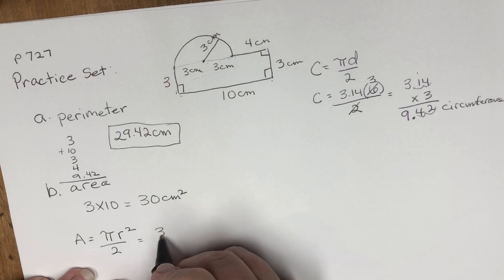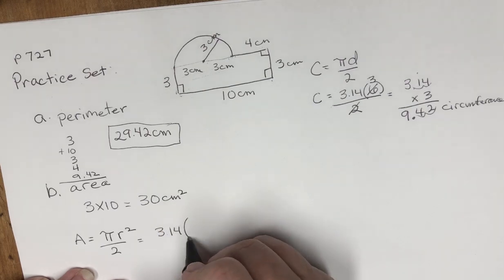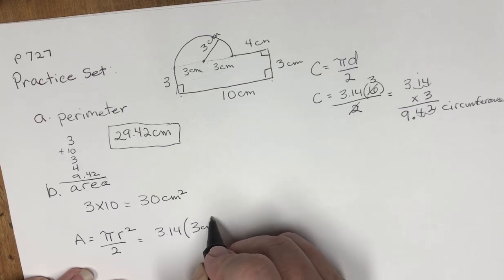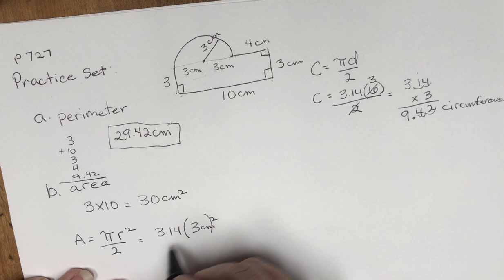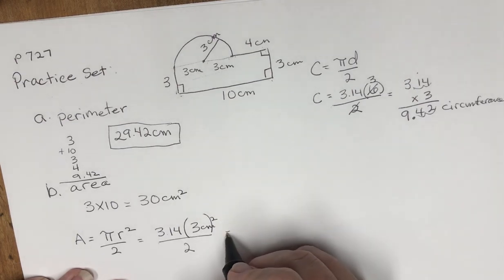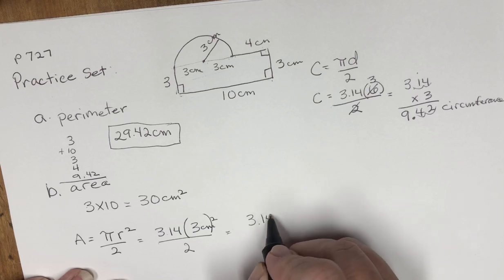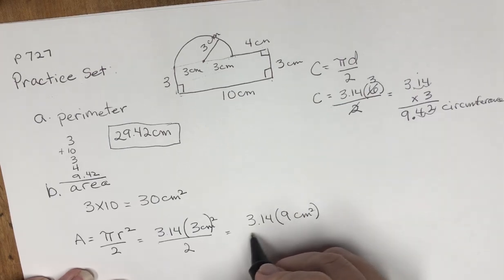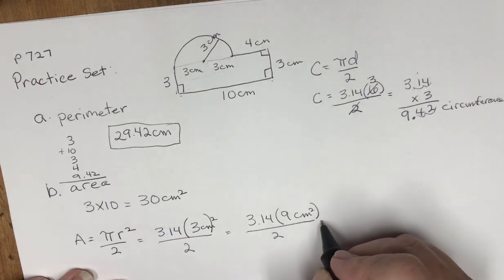So we've got 3.14 times, let's see, the radius is 3 centimeters squared. So now we have divided by 2. So we've got 3.14 times 9 centimeters squared divided by 2.